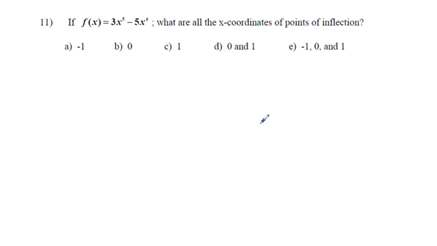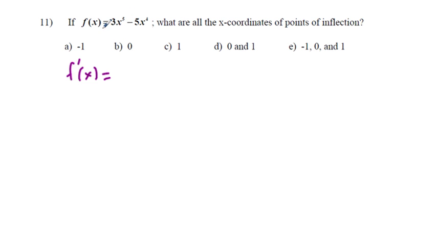Next, 11. If f of x equals 3x to the 5th minus 5x to the 4th, what are the x-coordinates of the points of inflection? So again, we need to find a second derivative, but in order to get that, we find the first derivative first.